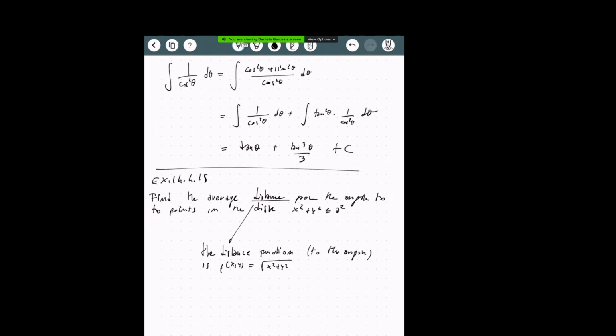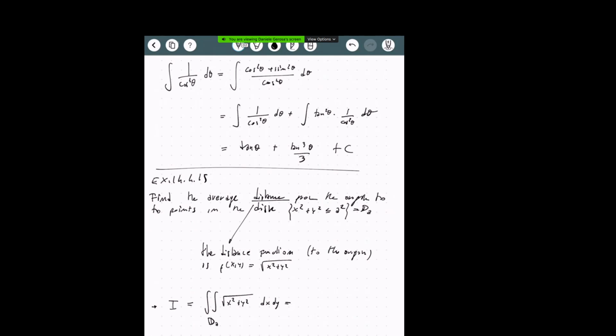That's Pythagoras. So we want to find the average of this over the disk. First of all, we compute the integral. This is the disk of radius a, and the function is this one, dx dy.